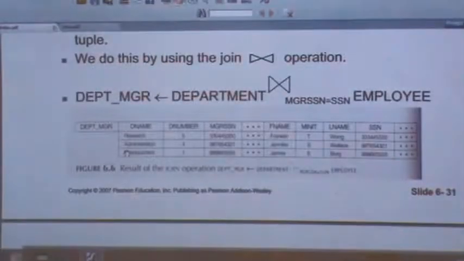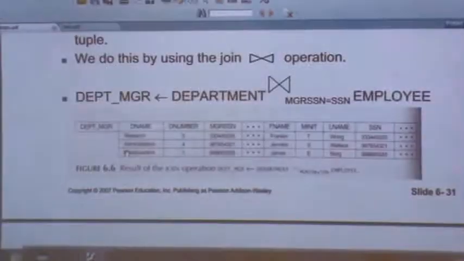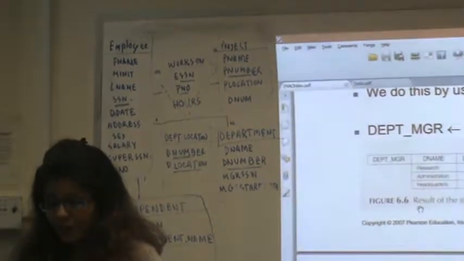So again, I need to join department and employee together so that I know this assistant type and this assistant type are similar, and then we get the results.